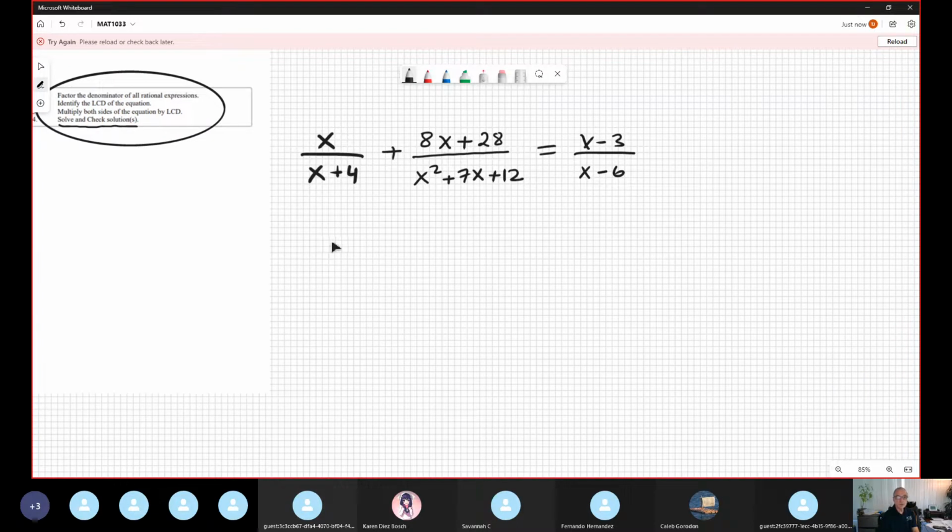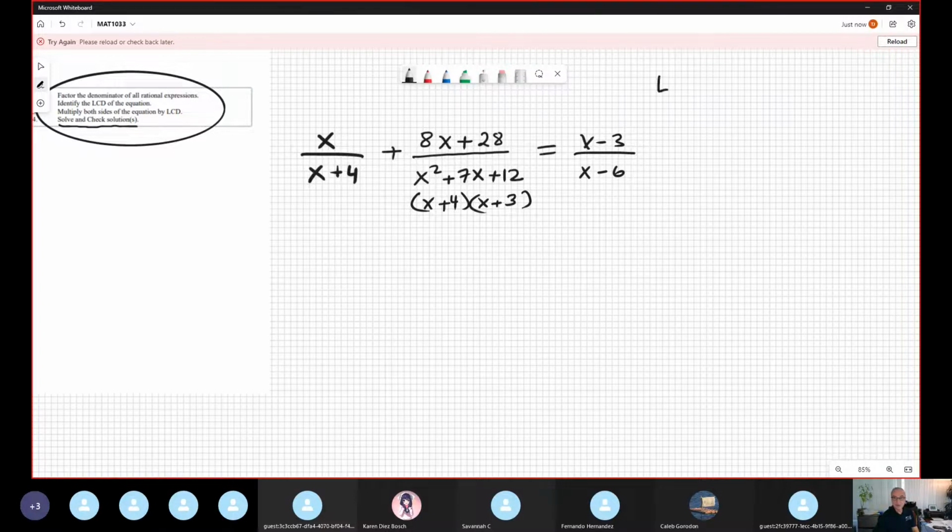And factorization, well, the only one possible to factor is this one. It's x and x, and the combination that opens the door of this trinomial is 3 and 4. 3 times 4 is 12, 4 plus 3 is 7.